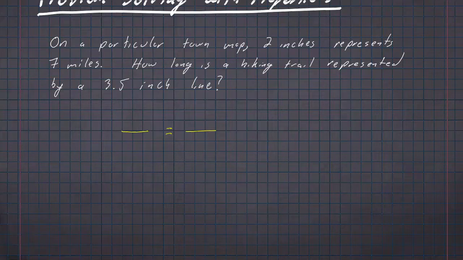We have 3 values that we know: 2 inches, 7 miles, 3.5 inches. We can choose any of those to write down first. Let's write down 2 inches. It's the first number that shows up.